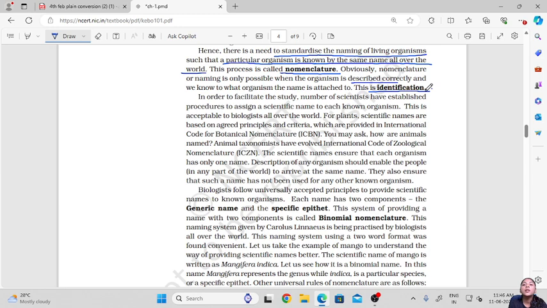Then the naming of the organism has to follow some procedure, and these procedures are provided in the International Code for Botanical Nomenclature, which provides the procedure for naming the plants, and for animals, for animal taxonomists, it is the International Code for Zoological Nomenclature. Okay, ICZN and ICBN.